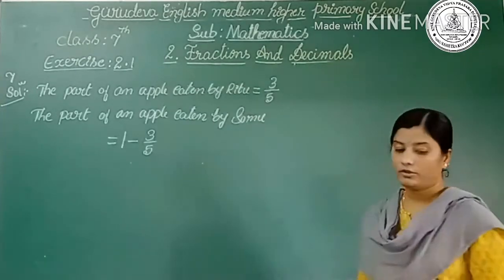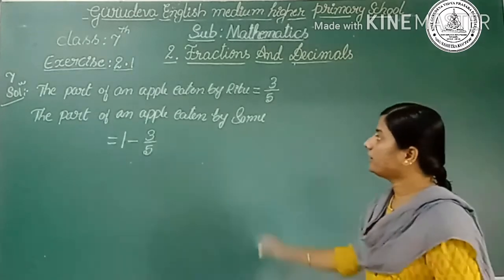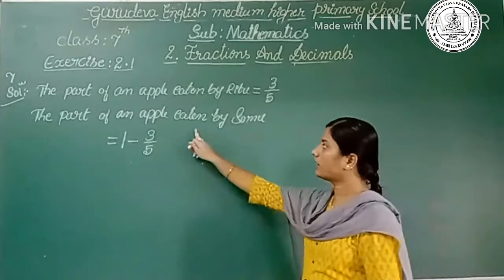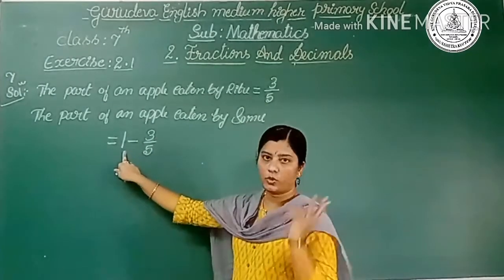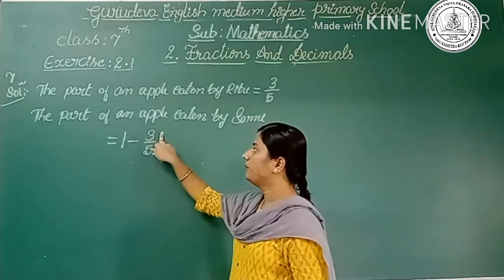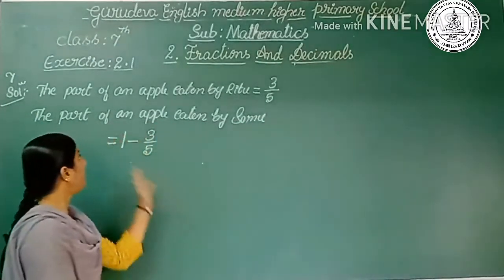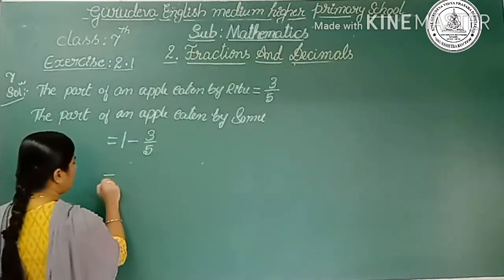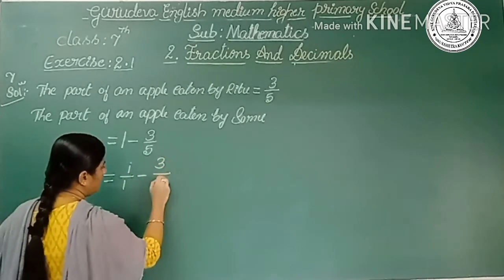Okay. So first write down here the part of an apple. The part of an apple eaten by Ritu is 3 by 5, and the part of an apple eaten by Somu is, in one whole fruit she ate 3 by 5 part. So we have to subtract, then we will get the part of an apple eaten by Somu. Okay. So 1 is a whole number, we can write it as 1 by 1 minus 3 by 5.